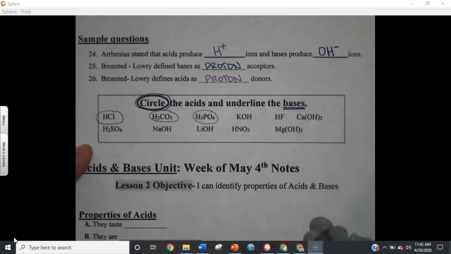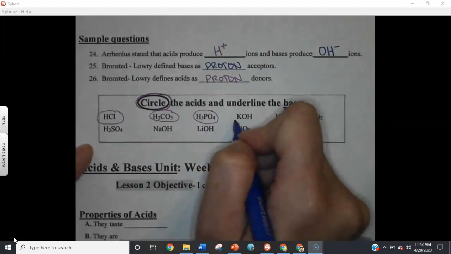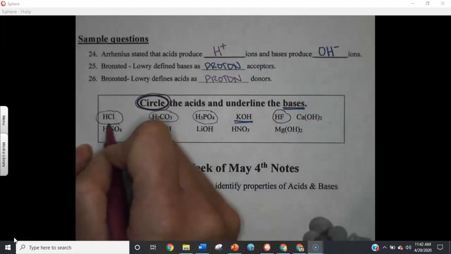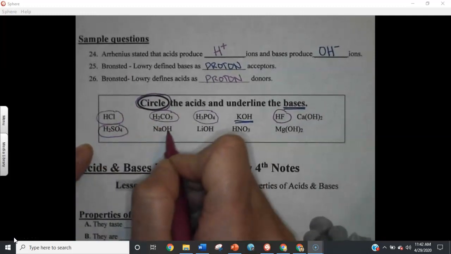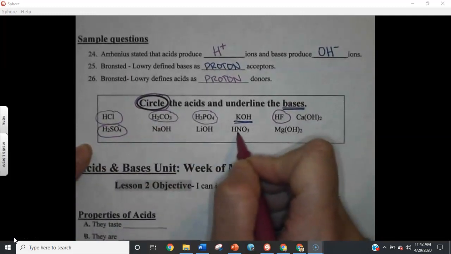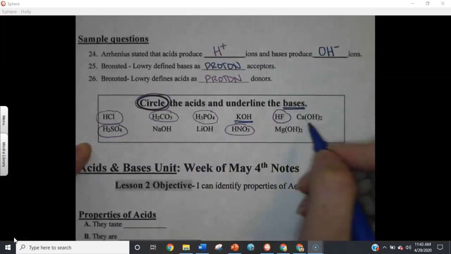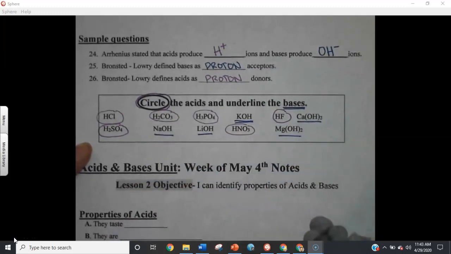KOH, that's potassium hydroxide, and hydroxide means that this would be a base. HF, that's hydrofluoric acid, starts with a hydrogen. Sulfuric acid, an acid. OH, a base. HNO3, acid. So I circled everything that starts with hydrogen, and I'm going to underline everything that ends in OH as being a base. It's as straightforward as that.